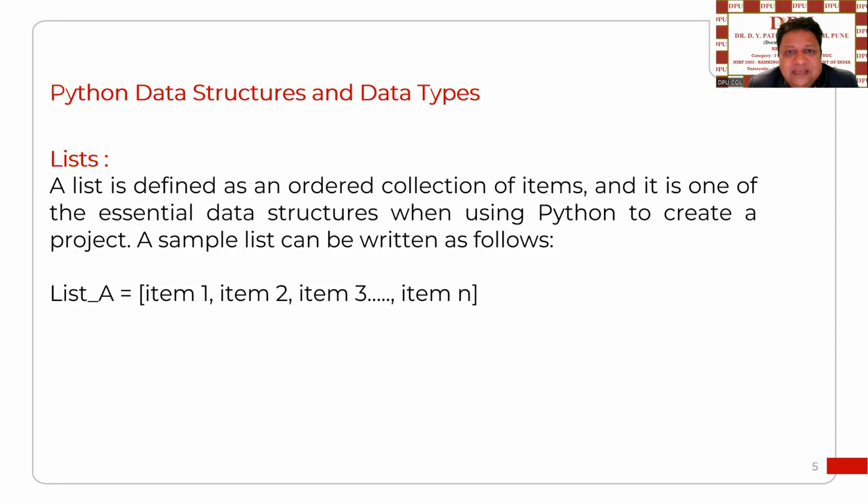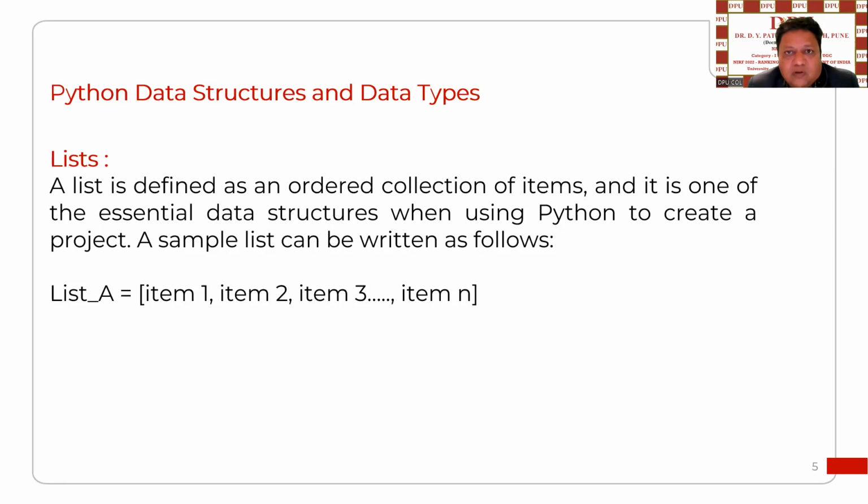So it means the non-primary data types like list, set, tuples, and dictionary will allow you to store a collection of different data types as values.